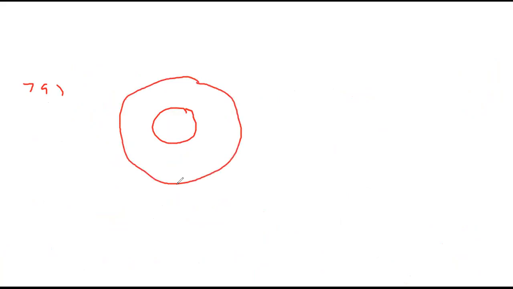79. Very good sum. Two charged concentric spheres of radius 10 centimeter and 14 centimeter.